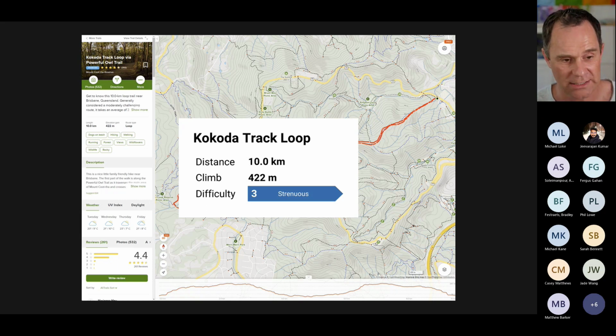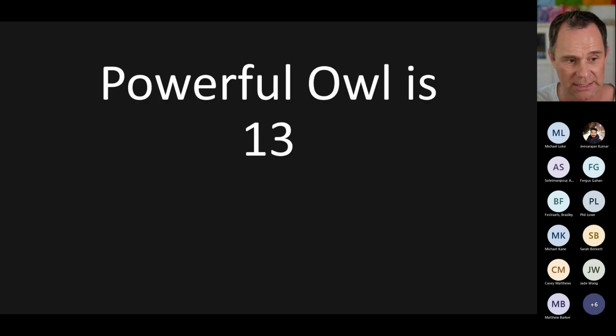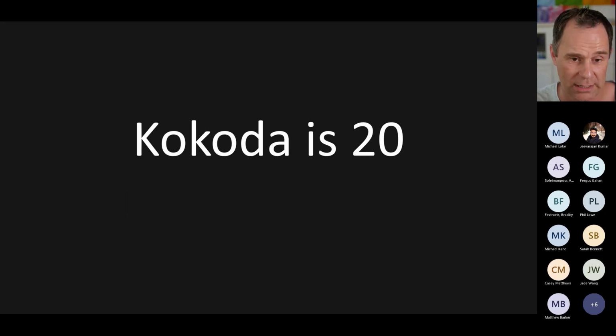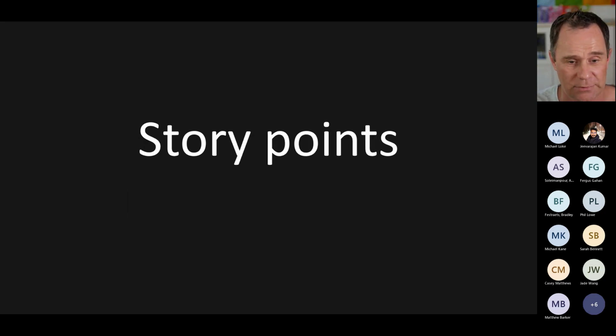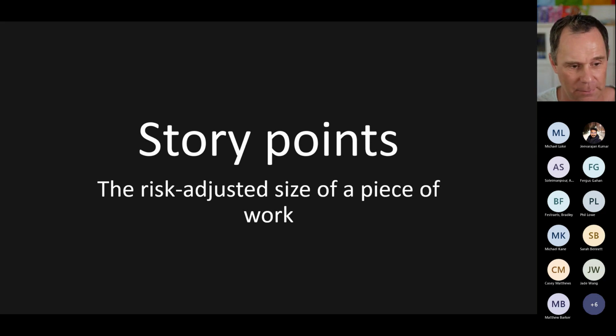There's some really steep sections, you're running effectively on the crest of this ridge, and it's a lot more strenuous, or the difficulty is categorized as strenuous. So if the Powerful Owl was a 13, then the Kokoda, we could agree, is a 20. So that's all story points are. They are a generic unit that we can use for estimating the relative size of two pieces of work.